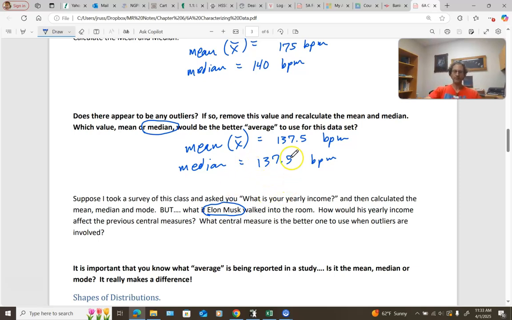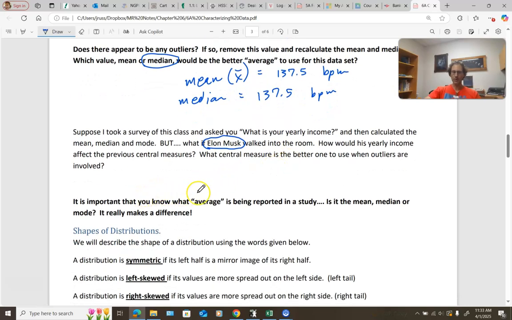So anyway, it is important to know what average means, because sometimes people will use this term loosely. They'll use the average to refer to both, maybe sometimes the mean and sometimes the median. So it's important to know, if you're looking at a study and they use that word average, which is actually being used. Is it the mean or the median? Typically the mode is not used all that much. Okay.